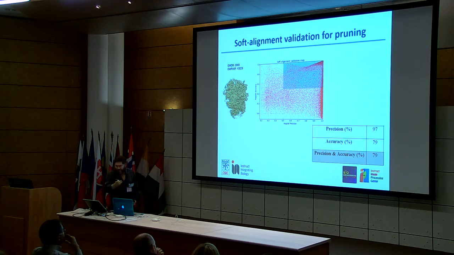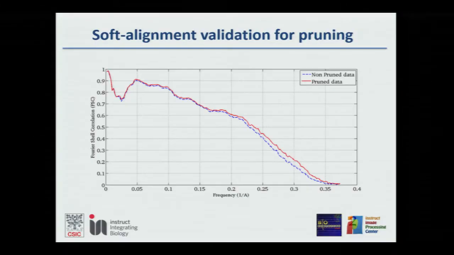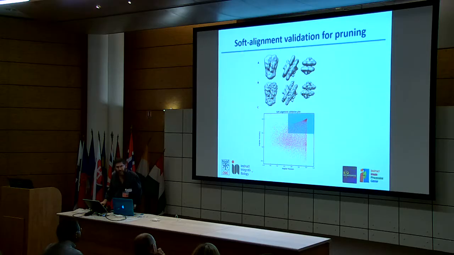However, maybe this is going to be better because we have something very basic informationally behind. Yes, certainly, we do better by doing this pruning, and especially we have been very successful in medium resolution data. I'm not getting into many details about this. This is a working project in progress, but the results are very good for pruning.